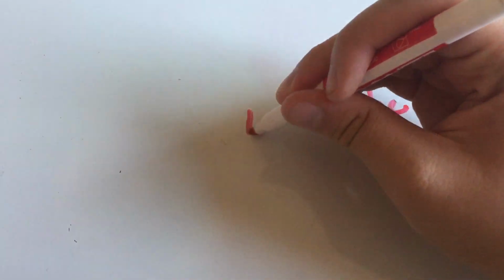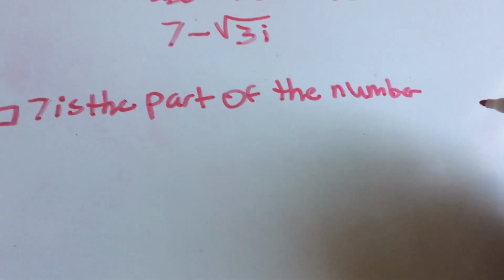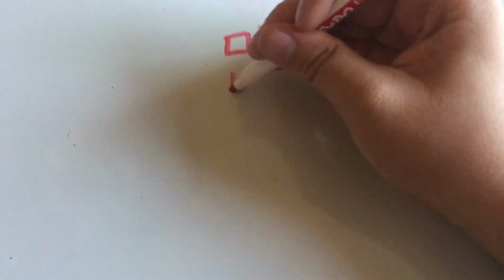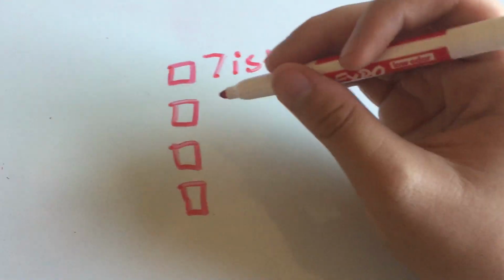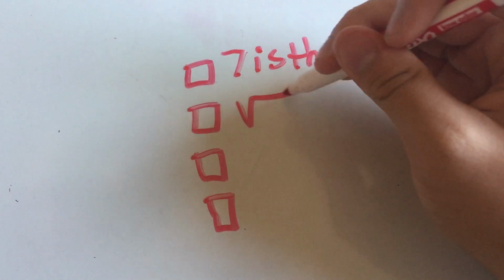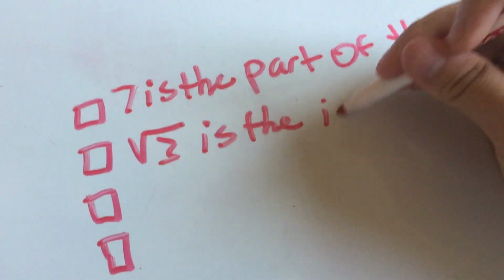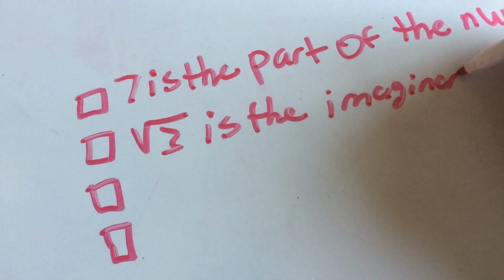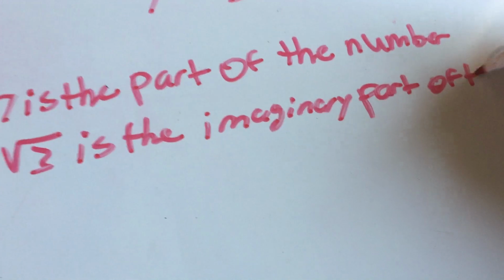I'll actually make a box for the check mark. First one, 7 is part of the number. There are 4 answer choices, but it says check each statement about the number, so there are multiples. Square root of 3 is the imaginary part of the number.